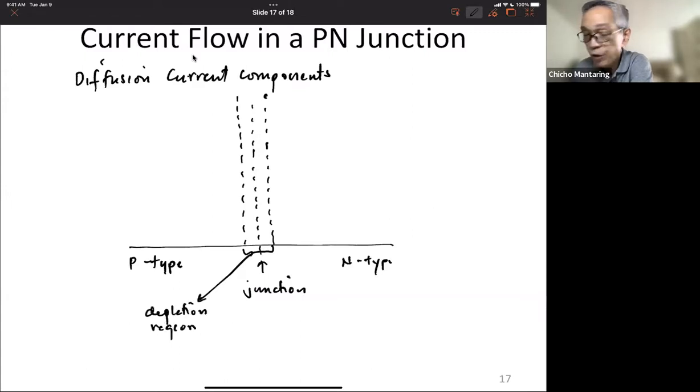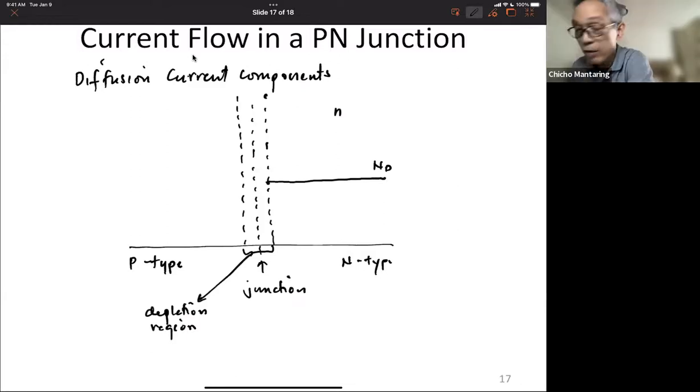So as we mentioned earlier, in the depletion region, n equal to p equal to 0. If I take a look at the value of n here on the left, at the far right, that will be equal to N sub D, donor impurity.